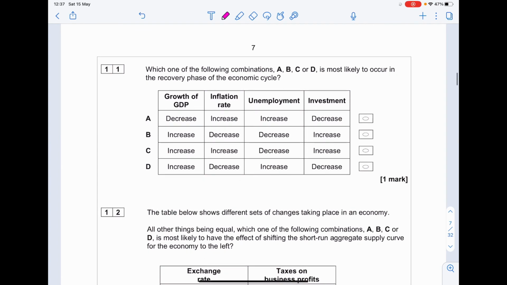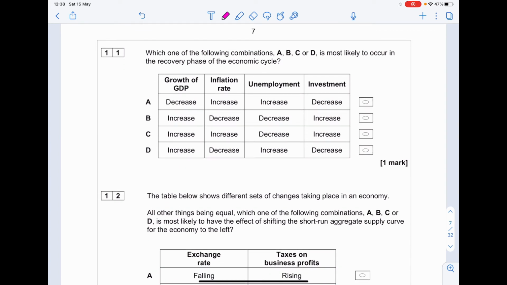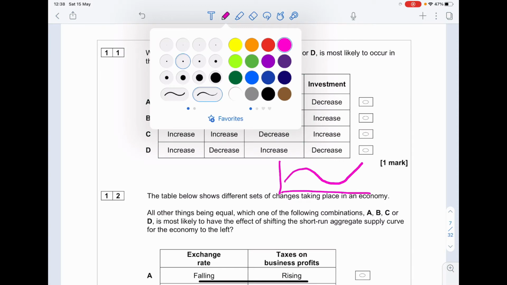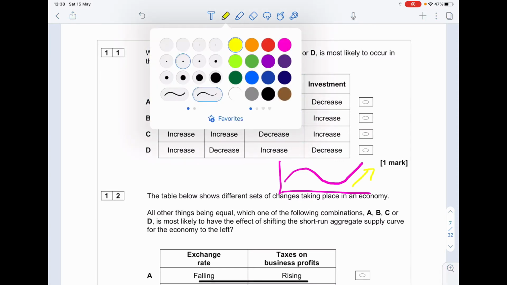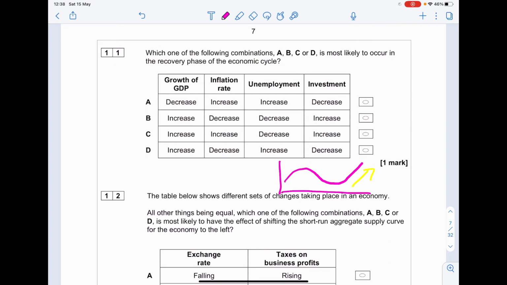Right, we've got a lot of things going on with this question. So we're in the recovery phase of the economic cycle. So if you think about your economic cycle, we're in the recovery phase. So we're in this bit here, that's your recovery phase. So in the recovery phase, the easy part is we've got economic growth, we've got an increase in GDP.